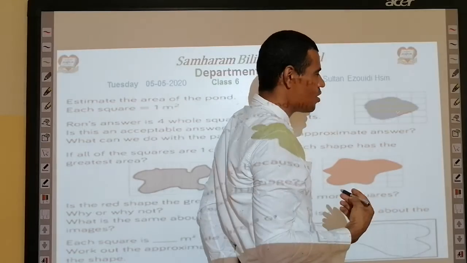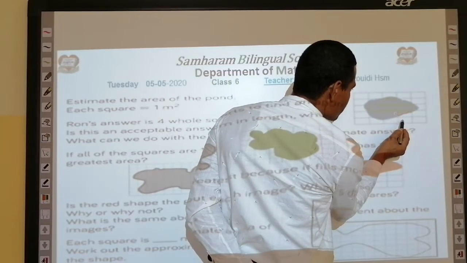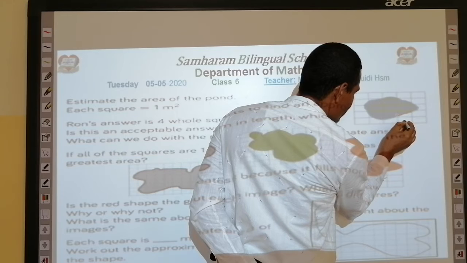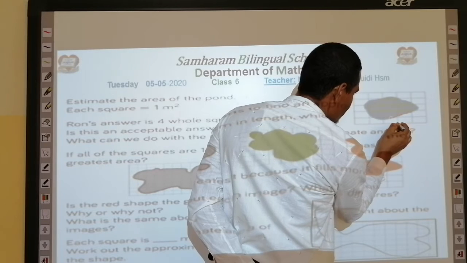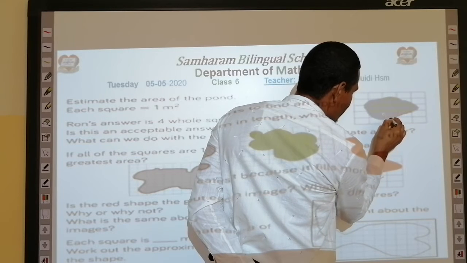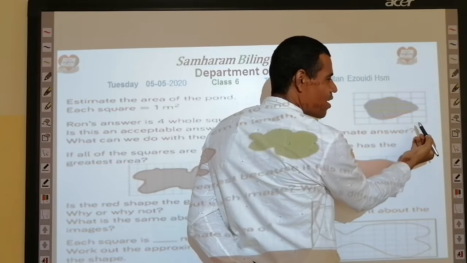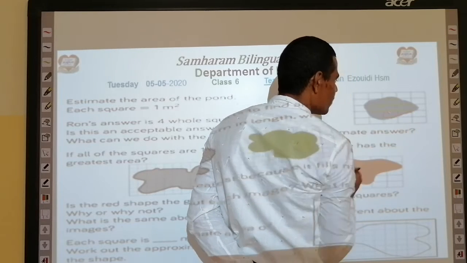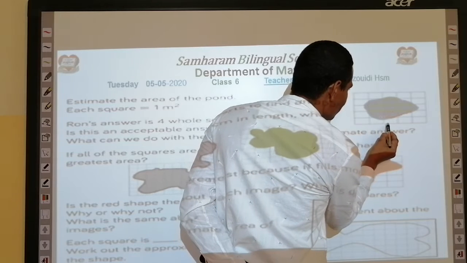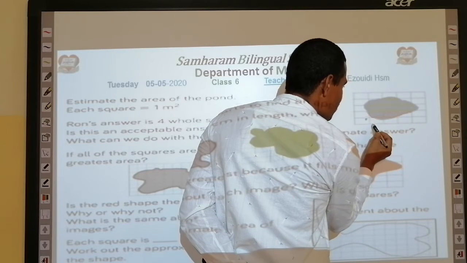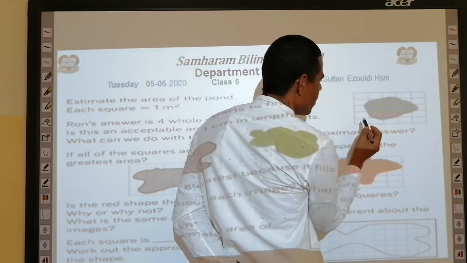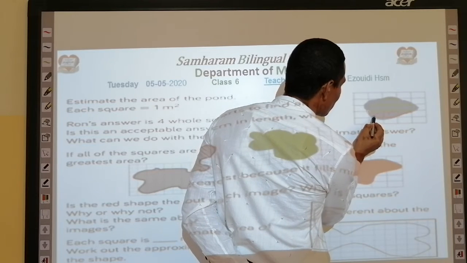Don't take it into consideration. This one is more than half a square, but less than 1 square, so I will consider it. This one is also like that. It's less than 1 square, but I will consider it because it's more than half. This one, ignore.